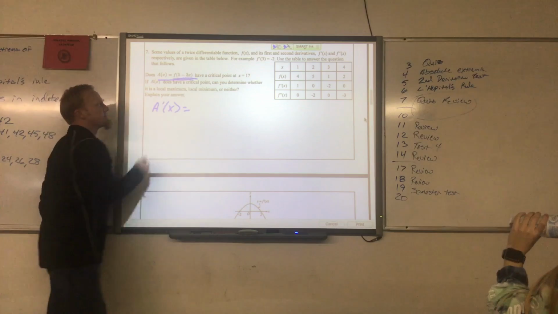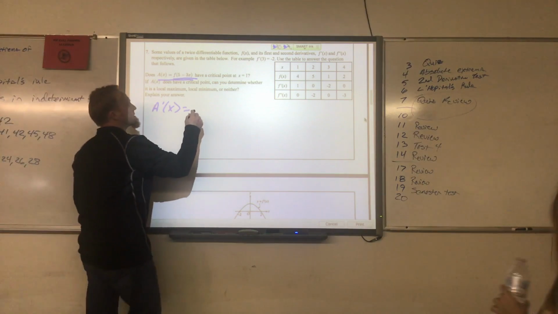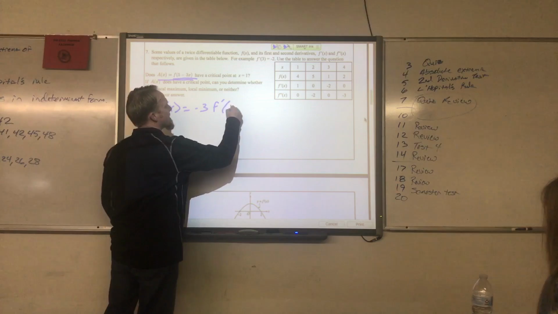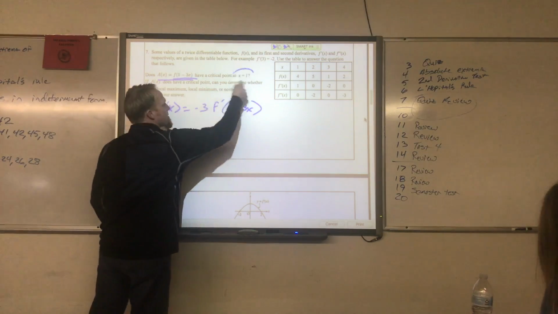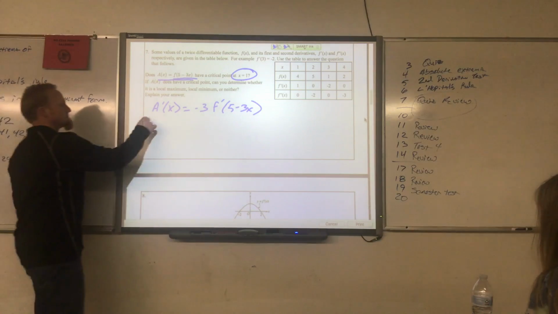So what is the derivative of f of 5 minus 3x? f prime of 5 minus 3x. So I'm going to put the negative 3 out front: negative 3 f prime of 5 minus 3x. So if I want to know if there's a critical point at x equals 1, what do I need to do next? I need to plug in 1.